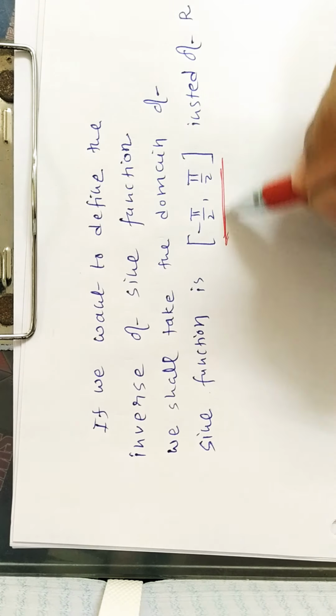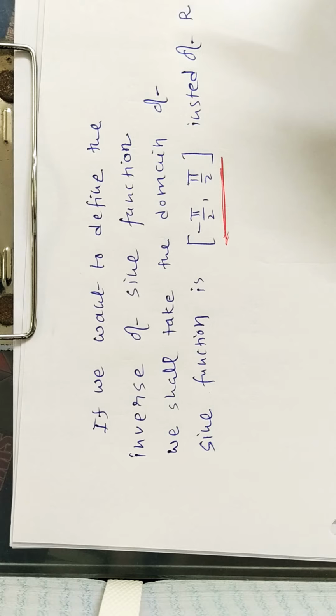We are taking the closed interval minus pi by 2 to plus pi by 2 as the domain of the sine function instead of R. So the function becomes 1-1.